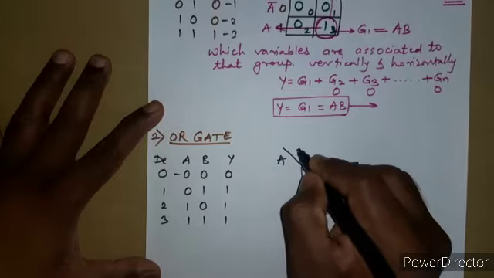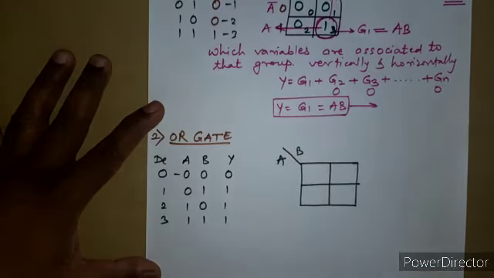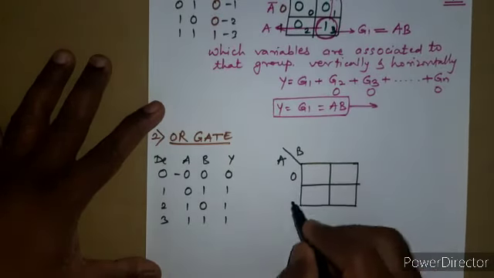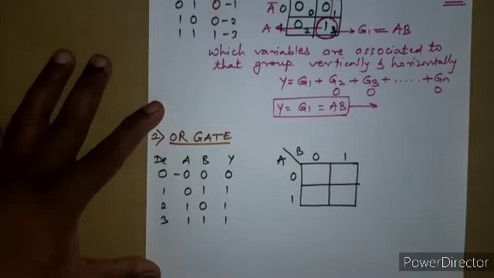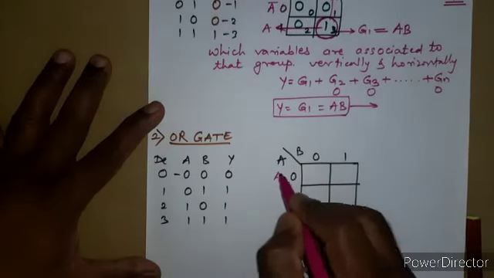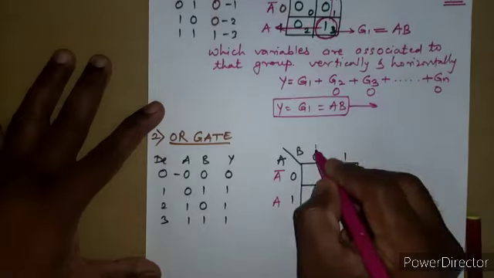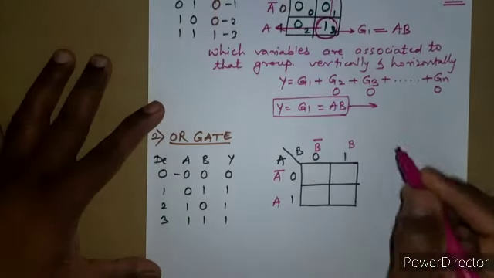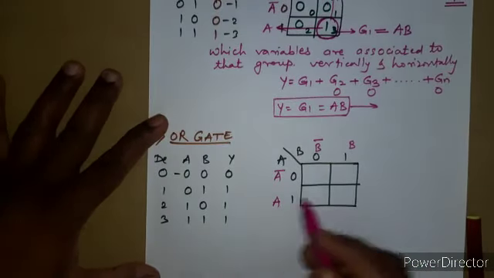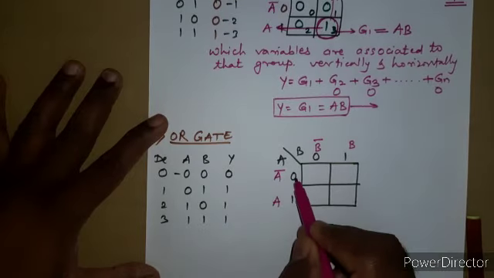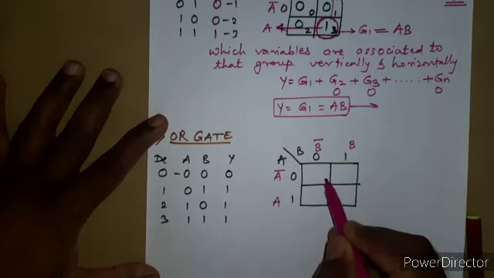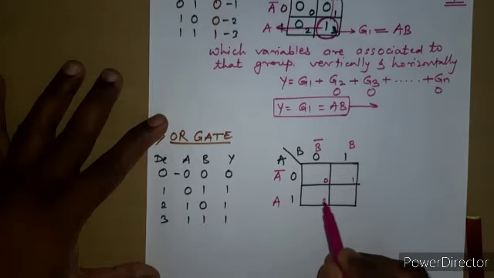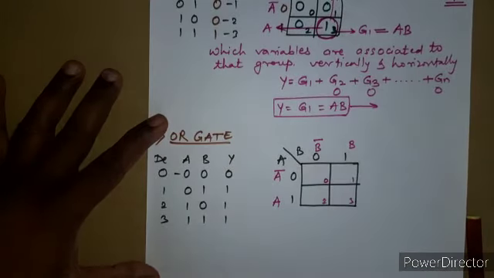So this is A, this is B. Okay, so this is 0, 1, 0, 1. Right? This is A bar, A, B bar, B. Now this is 0, 0. So this cell is 0, 1, 2, 3.